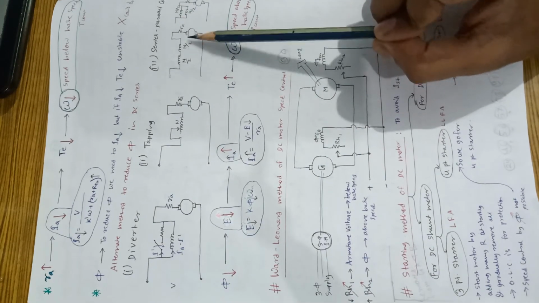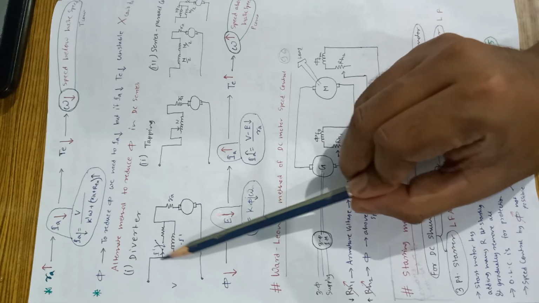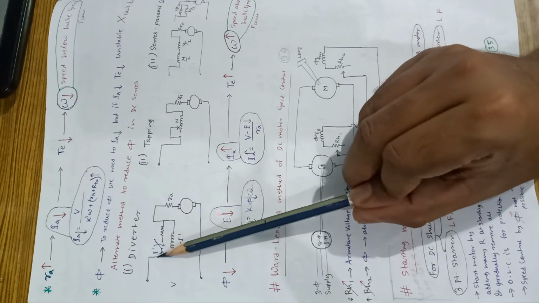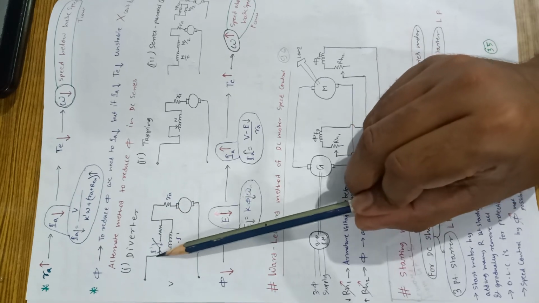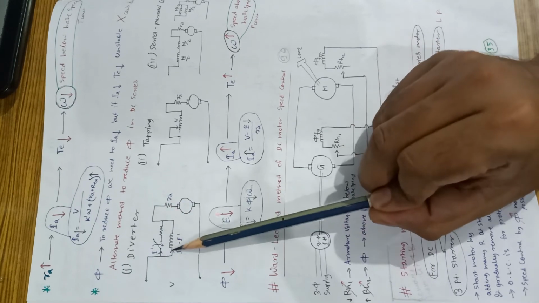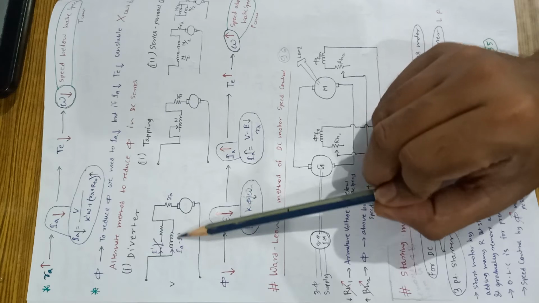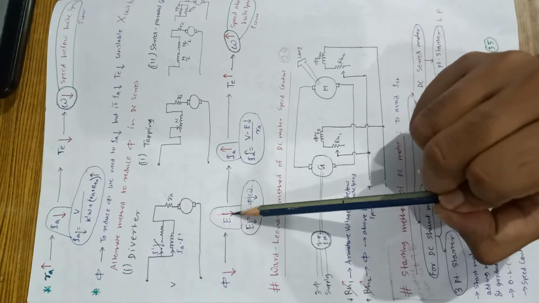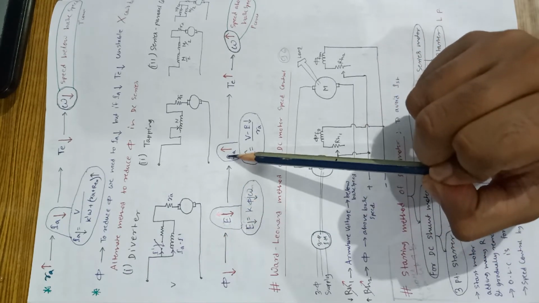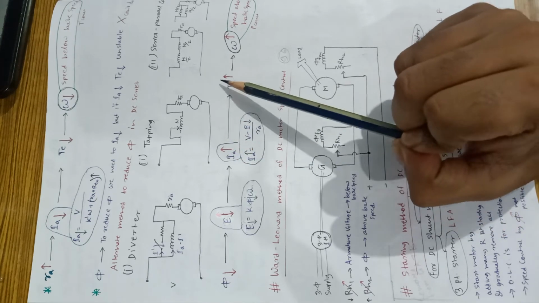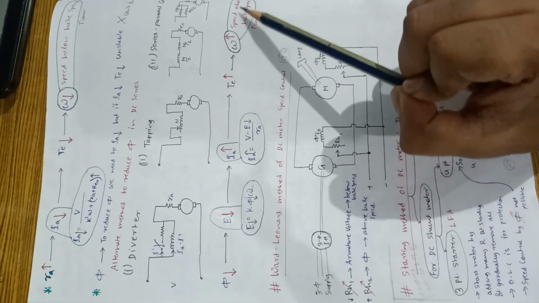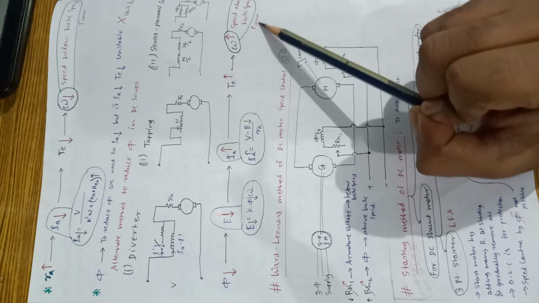This way we use a diverter. If we divert the current this way, then overall field will decrease. If field decreases, then E will decrease. Then if E decreases, IA increases. If IA increases, then induced torque increases and speed will increase above base speed with power constant.